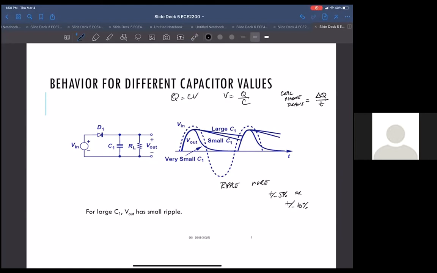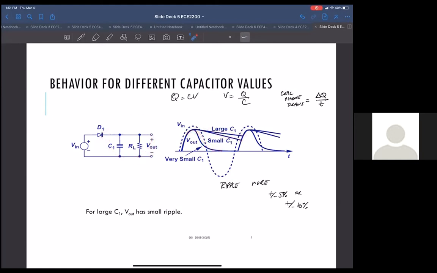Okay. And by the way, I want you guys to notice one thing. It's a minor point, but some of you may have that question. The way this thing discharges in this model isn't a line. It's an exponential, because remember, this is an RC circuit discharging.